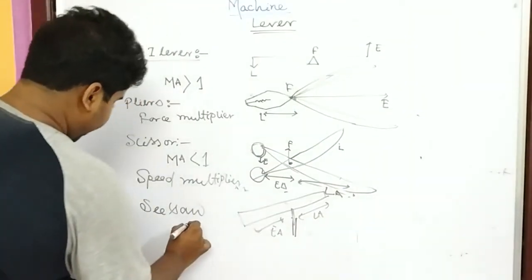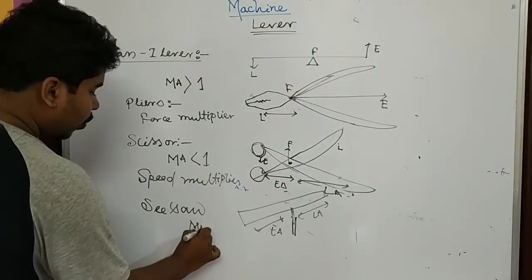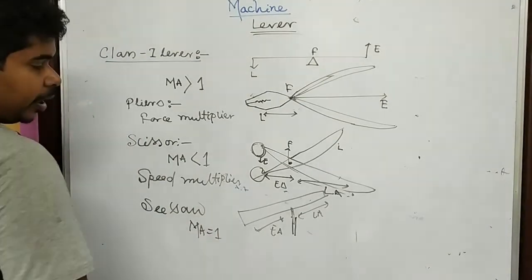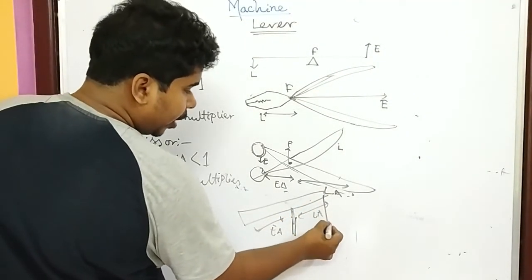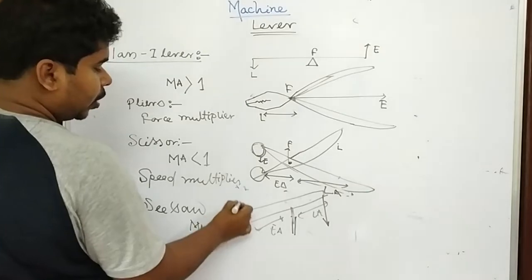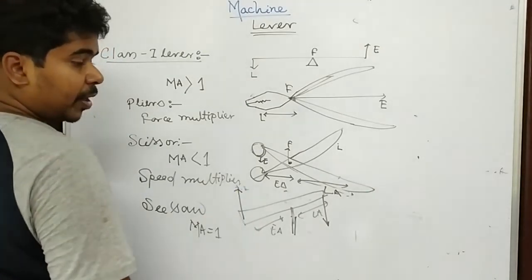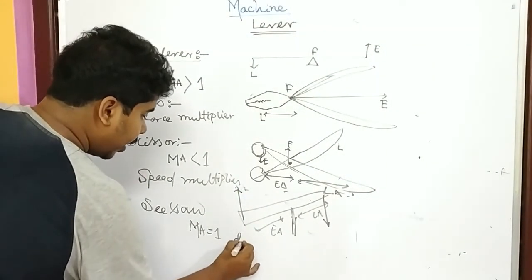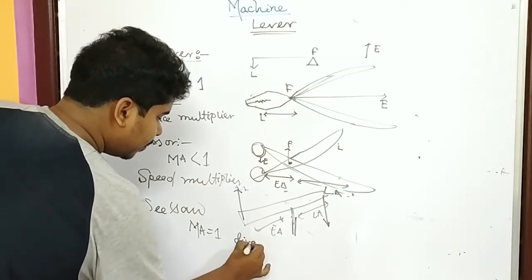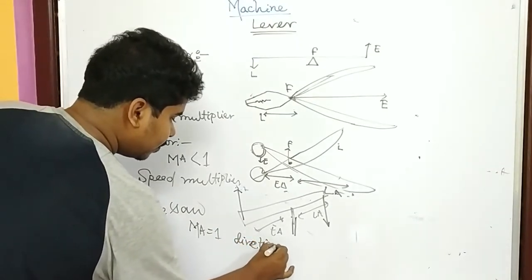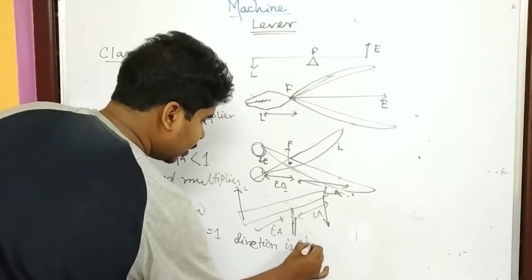So here mechanical advantage will be equal to 1. And you see, if I apply effort here, the load is lifting in this direction. So it is used as a directional changer. Direction is changing.